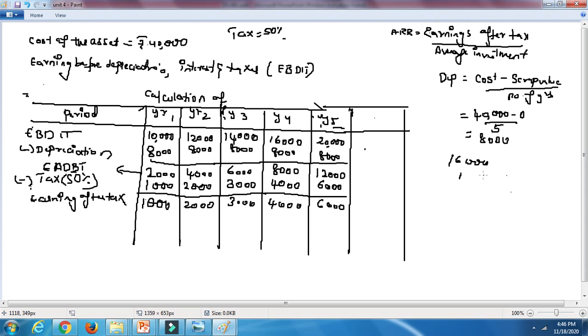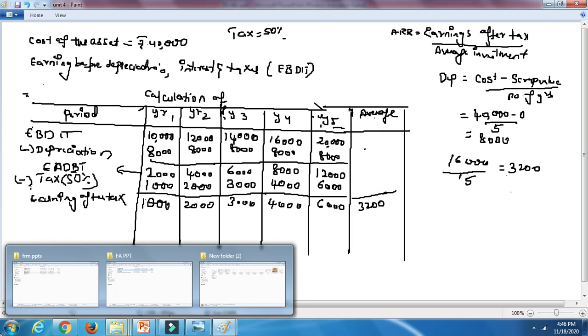If you add all of them, it will be 16,000 divided by the number of years, average annual profits divided by number of years. If you do this, it will come to 3,200. So let's take this as the average, 3,200 as such.